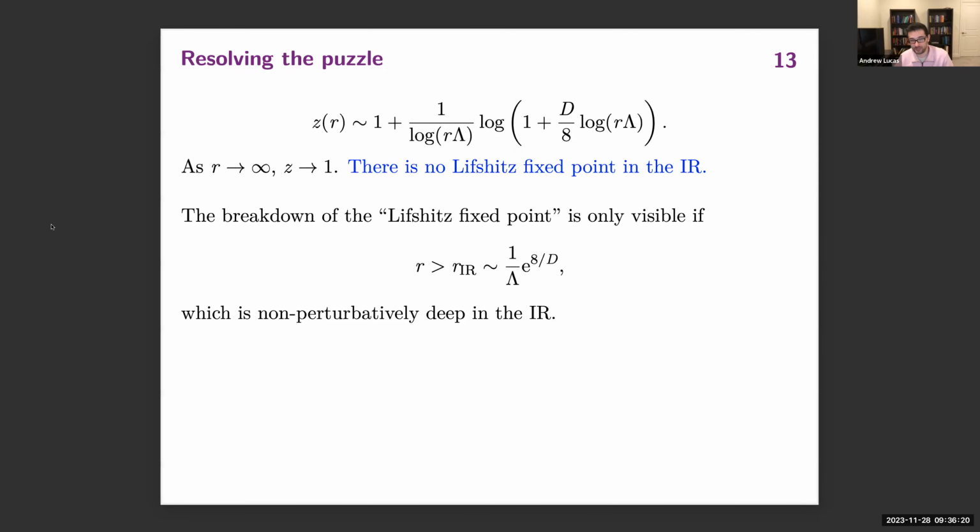It's non-perturbatively deep in D, okay? And at this point, you see that the big log can no longer be approximated as linear in D, okay? And at this point, the Lifshitz fixed point ceases to exist.